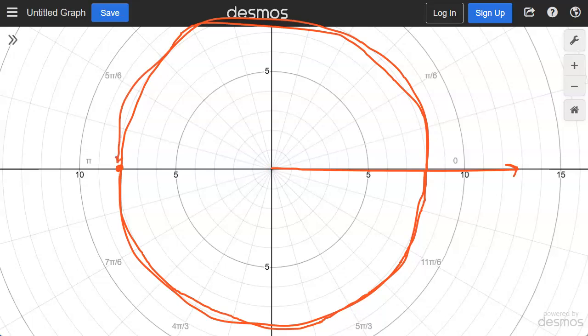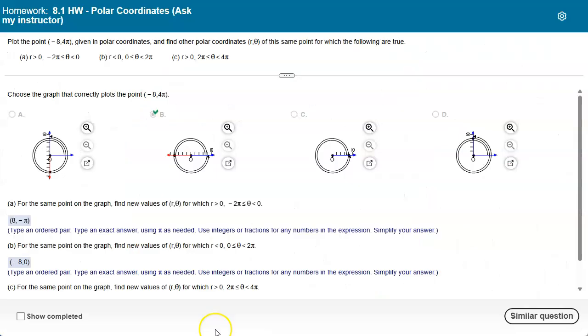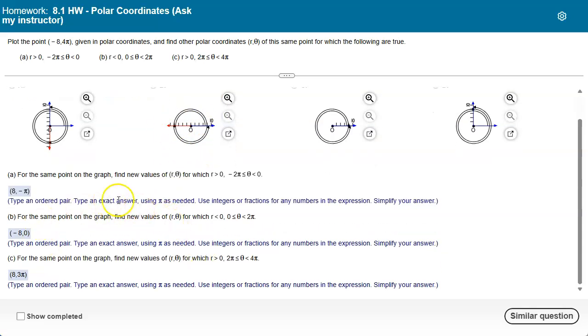And notice I end up right where I started, which is this point on the polar coordinate plane. And when I go back and I look at my answer choices, the correct point would be here in choice B.